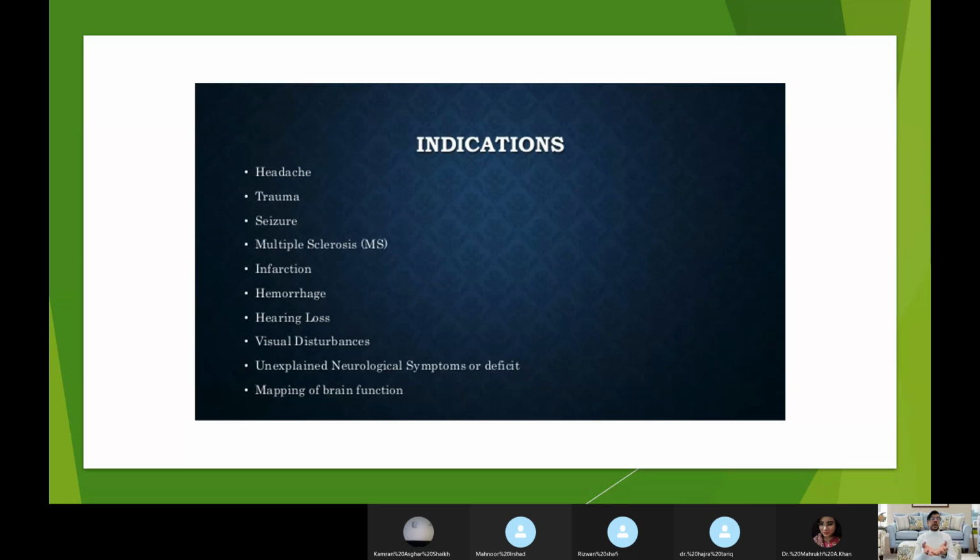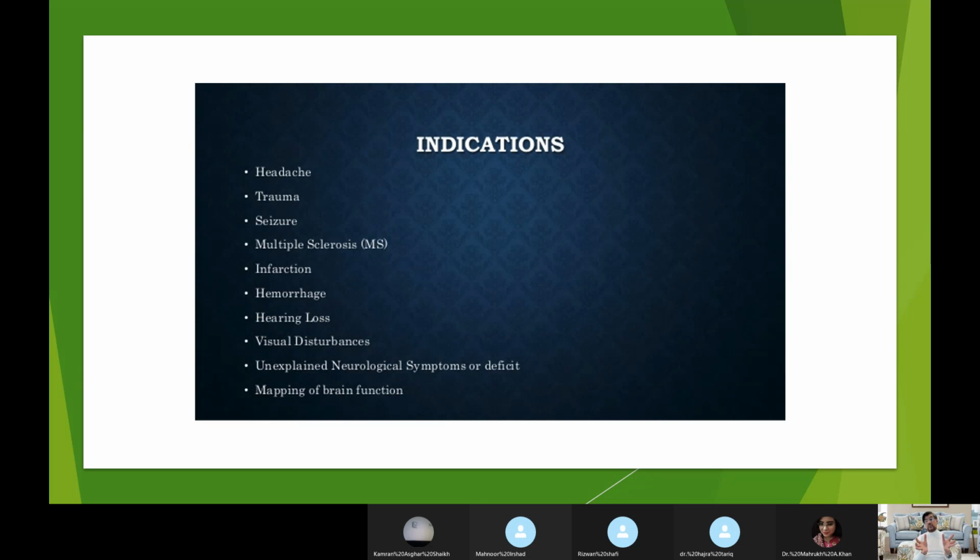So if I am seeing a patient who complains of hearing loss and presents to me with all the symptoms of paranoia, I will definitely go for MRI and I will go for FLAIR images, so that I'll be able to have a brain mapping functioning and also would be able to highlight what is the problem.